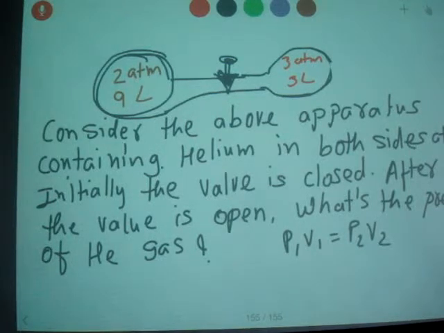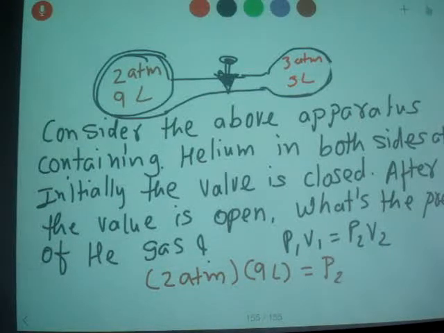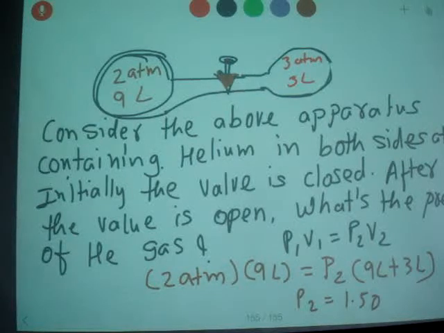Initially we have 2 atmosphere and 9 liter. When we plug in that value, we need to find the new pressure. But what will be the volume when you open this valve? You add them together, right? 9 liter plus 3 liter. That gives a pressure of 1.50 atmosphere. So that's one way you can find it.